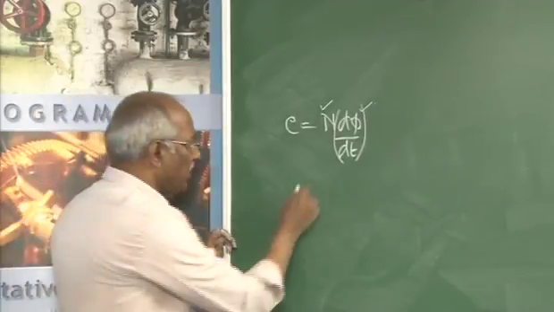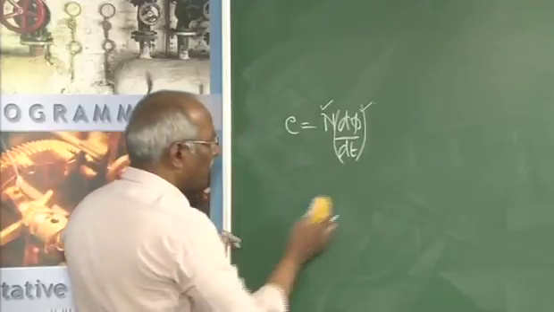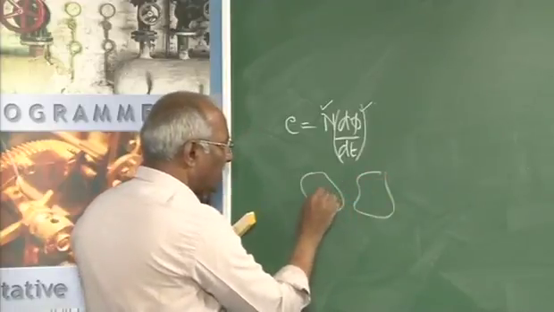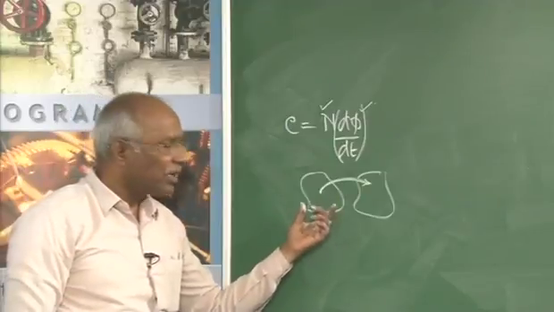And at the same time, say a coil is moving from one magnetic field to another magnetic field. Whenever the coil traverses from one magnetic field to another, it may be a conductor.